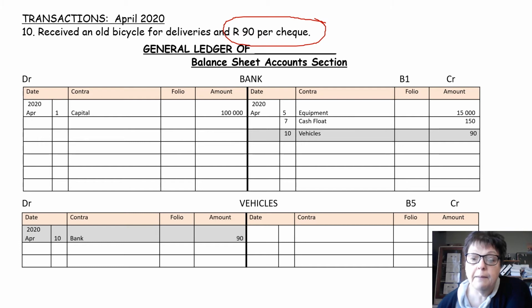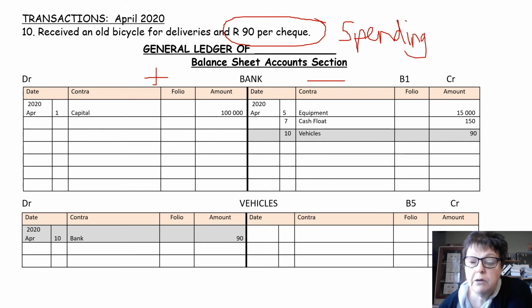From bank. Bank being an asset will increase on the debit side and decrease on the credit side. We are spending the money because we are buying a bicycle. If we spend, money in the bank will decrease. On the 10th, we are spending 90 Rand.